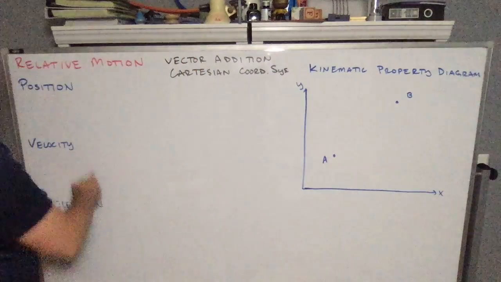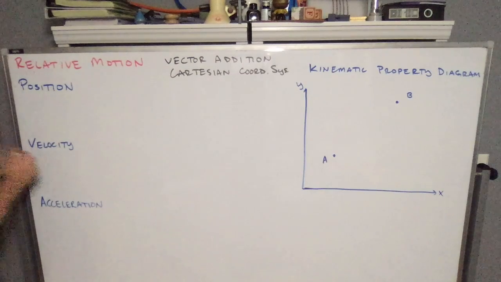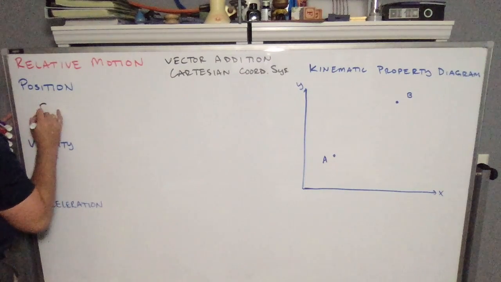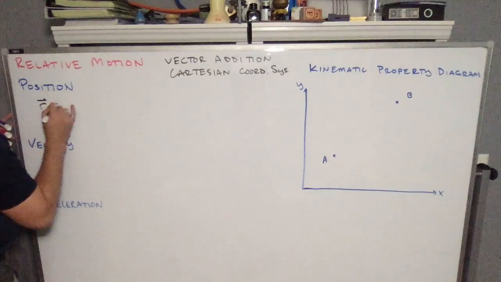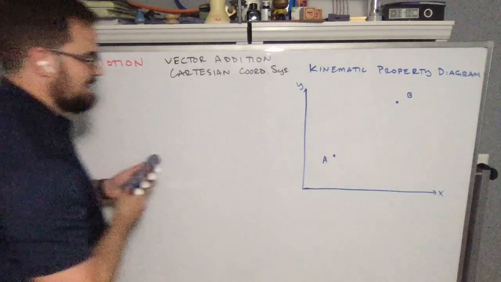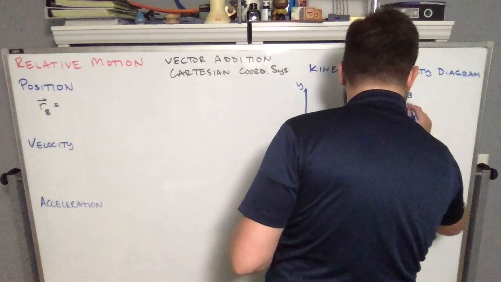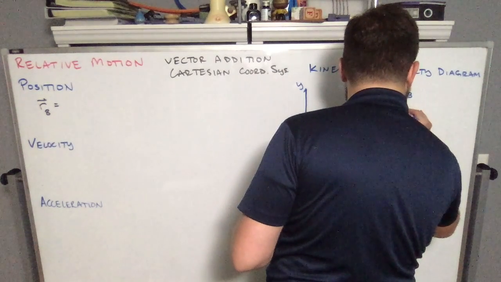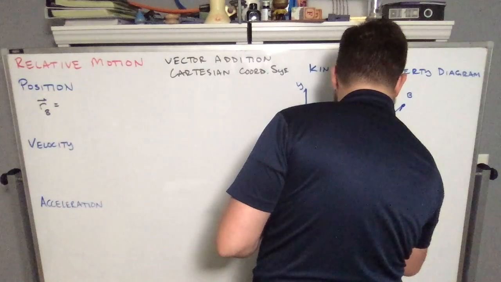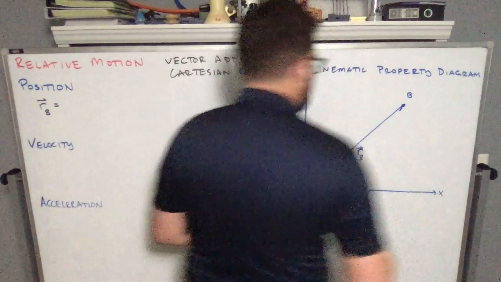So let's think about position first. So let's say that we wanted to know where position B was, RB. And if we're thinking about what RB is graphically, on my chart here, this would be the position of B. But let's say we didn't know that.